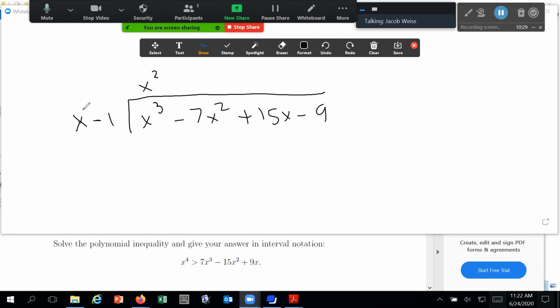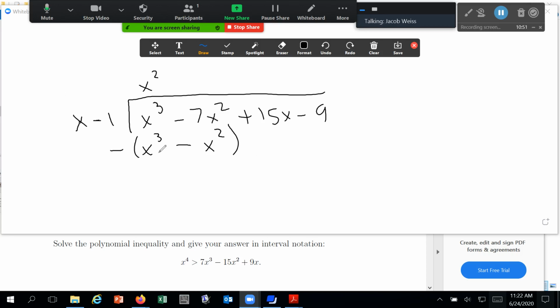Then we're going to take this x squared times all of these numbers here and write them underneath the appropriate terms. So x squared times x is x cubed. x squared times negative 1 is minus x squared. Then we subtract this. Now you have to be very careful when you're doing the subtraction.